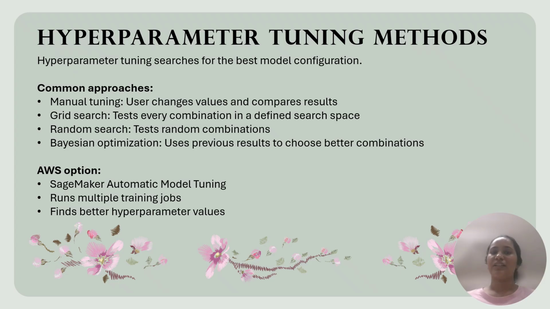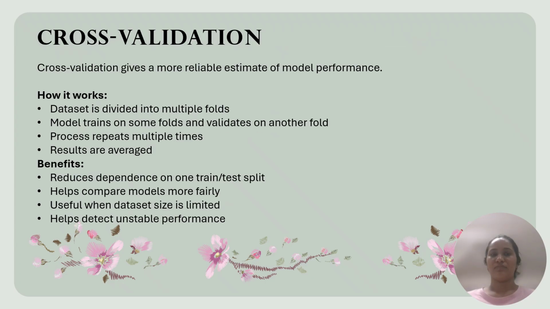Instead of manually testing configurations, SageMaker performs the experimentation automatically and identifies the model that delivers the strongest results. By automating hyperparameter tuning, SageMaker helps data scientists save time, reduce computational effort, and build more accurate machine learning models.